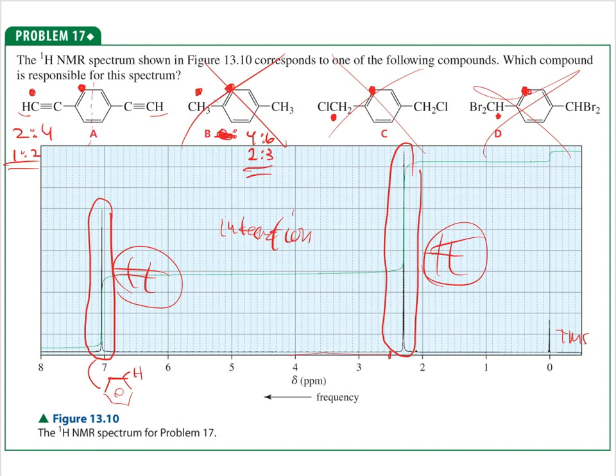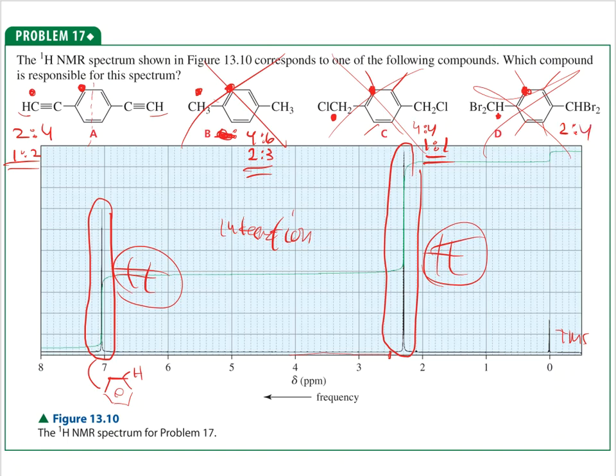And then if I take a look at C, I've got 2 to the left and 2 to the right, so that's 4. And then on the benzene ring, I have 4 more, right? 1, 2, 3, and 4. So divide by the smaller number, that is a 1 to 1 ratio. And then if I look at the D part, I'll see 1 to the left and 1 to the right. So that's a total of 2. And then on the benzene ring, I see 1, 2, 3, and 4.